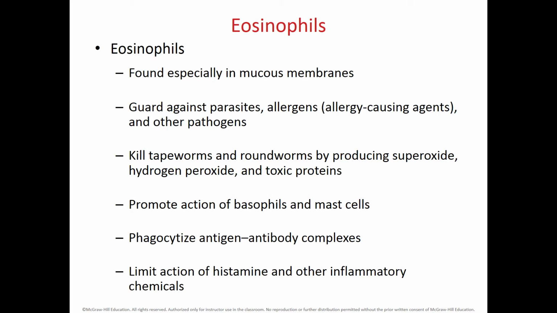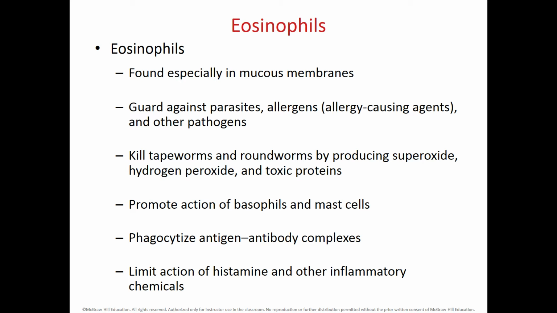The eosinophils are found primarily within mucous membranes, like in the intestinal mucosa, and they guard against infections caused by parasites, but also they can be found in the respiratory mucosa. And if someone gets in contact with allergens, many of you might have allergies, these eosinophils will bind these allergens with an antibody that is called IgE.